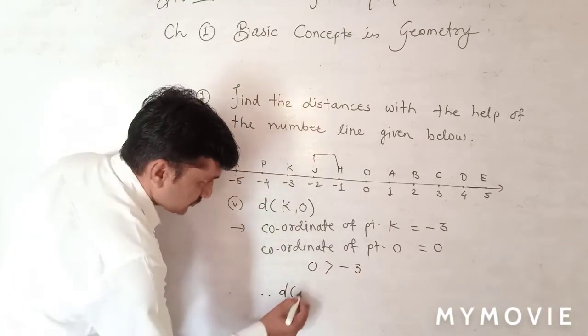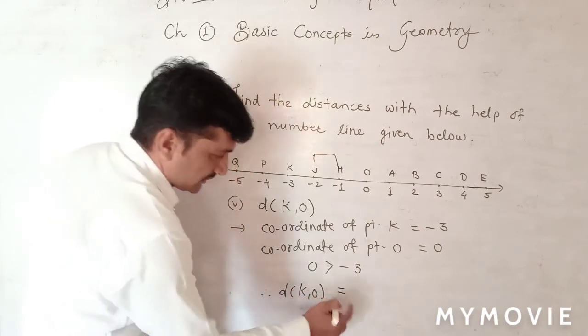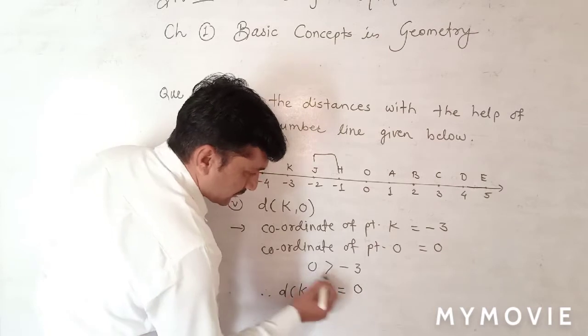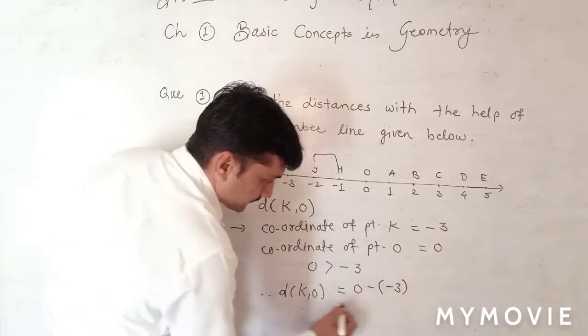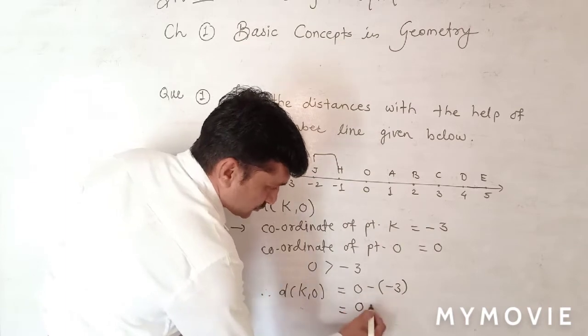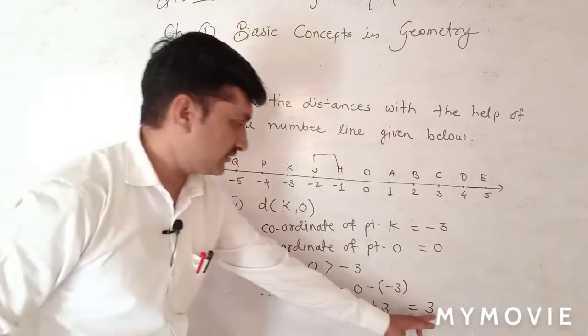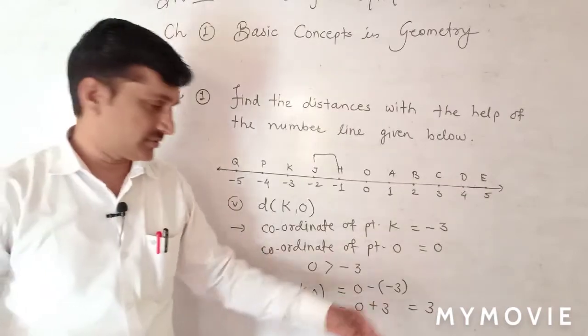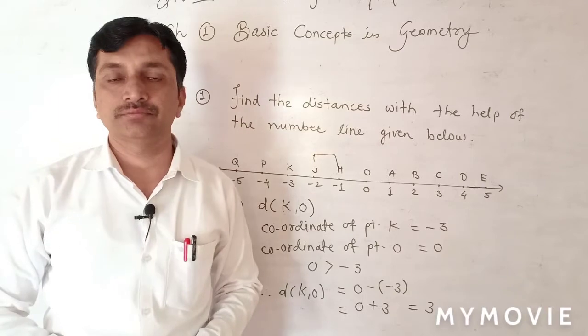Therefore distance between KO is 0, greater, minus for subtraction, and smaller minus 3. 0 minus minus plus 3, and 0 plus 3 is 3. 3 units is the distance between point K and O.